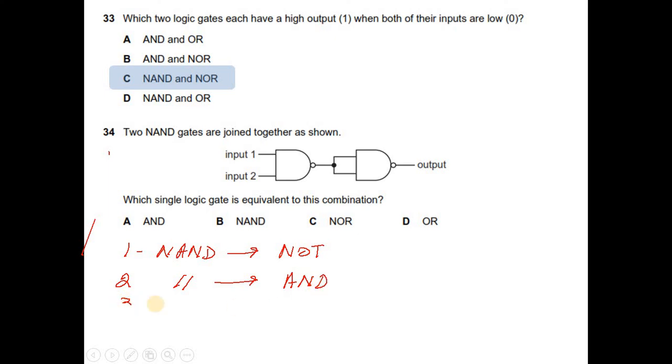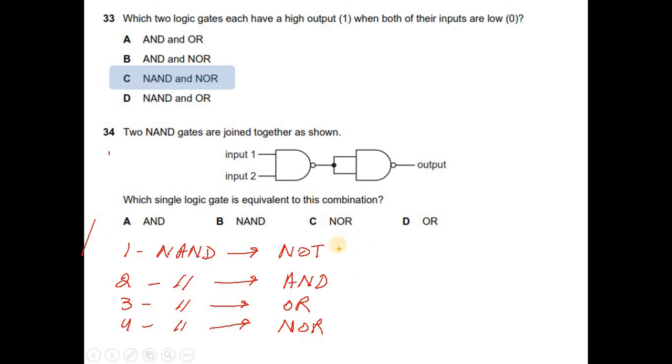If you use three NAND gates, it will give you the truth table or the output same as the OR gate. And four NAND gates give you the equivalent of a NOR gate.